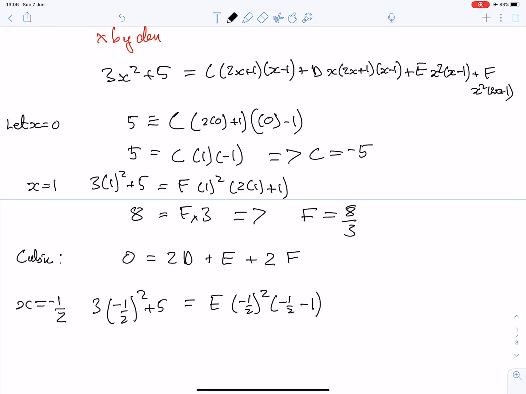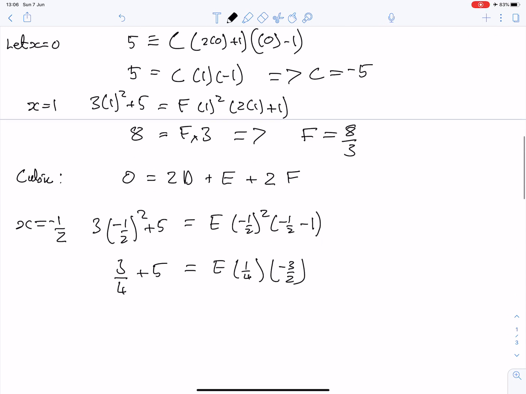Negative a half squared is a quarter, so we've got 3/4 plus 5 is equal to E, a quarter times negative half minus 1 is minus 3/2. Okay, so that becomes negative 3/8 E.